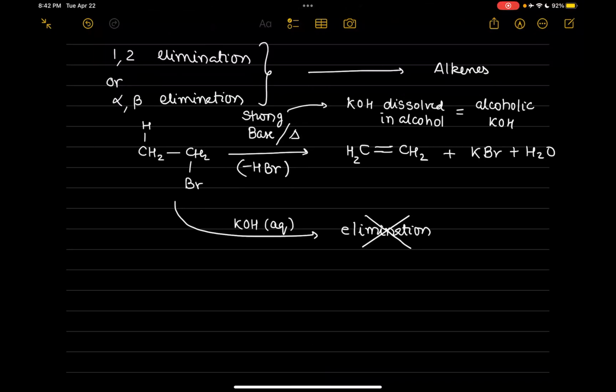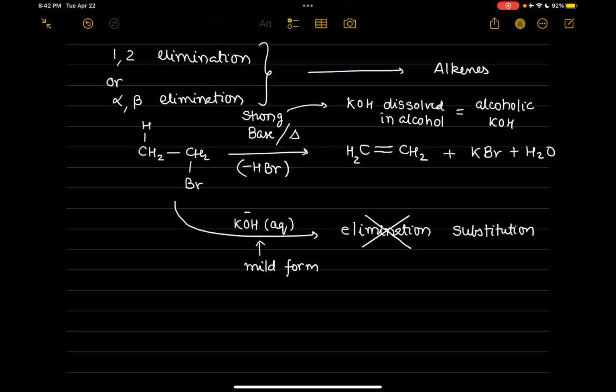Then what is going to happen? Substitution can happen, because this is a mild form of base. How come substitution?